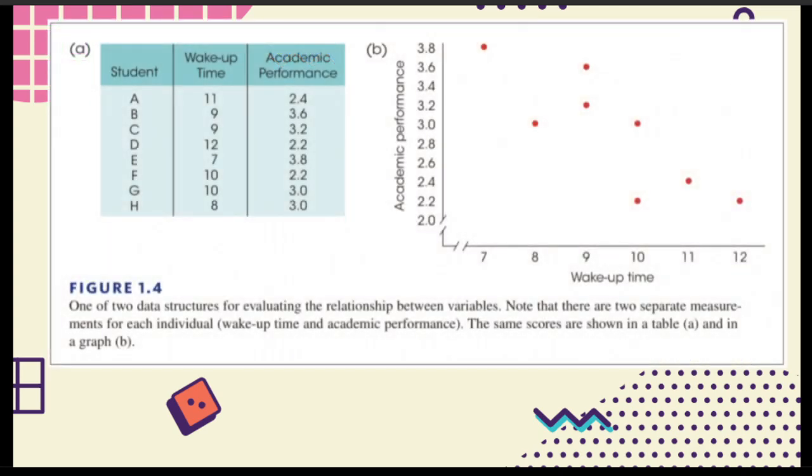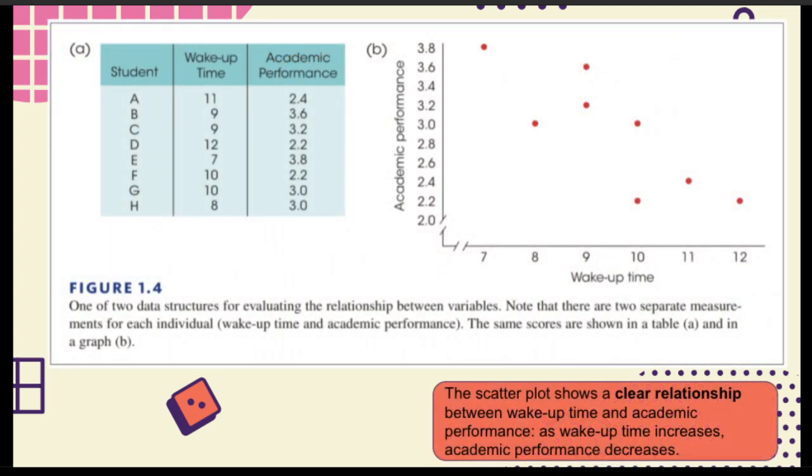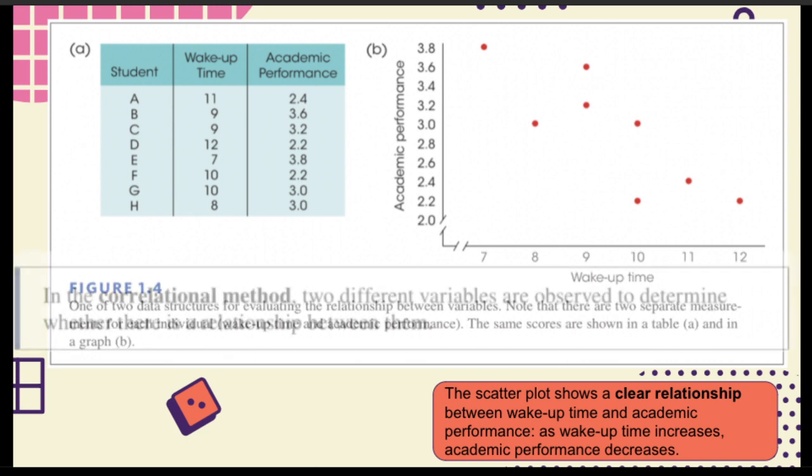Let's take a look at this figure. Here we are looking at a scatter plot, and the scatter plot shows a clear relationship between the wake-up time and the performances of the students. As wake-up time increases, the academic performance decreases.